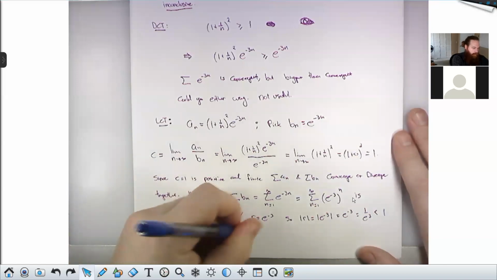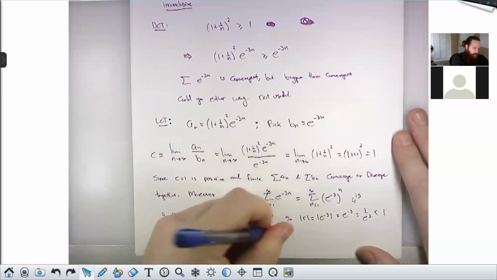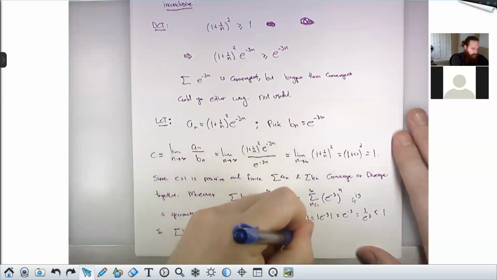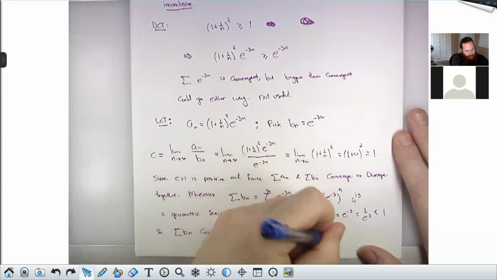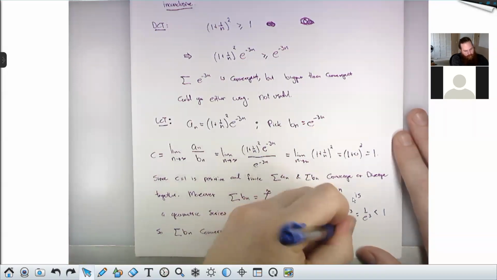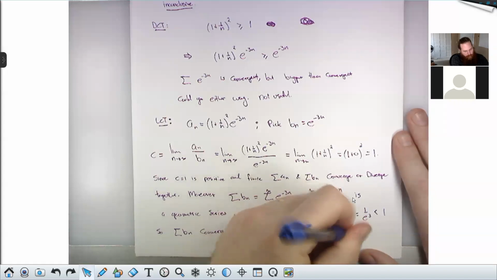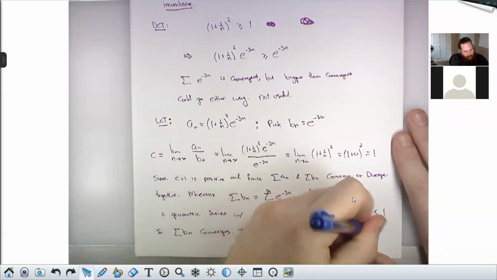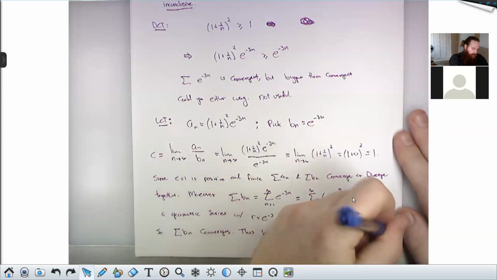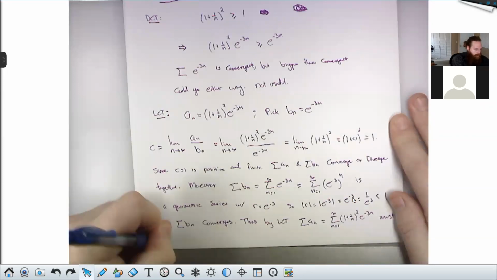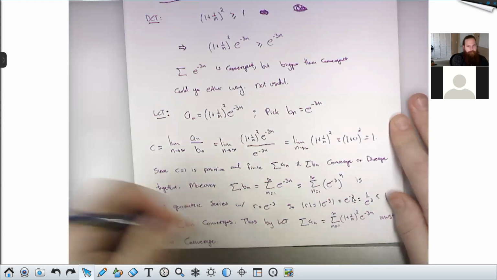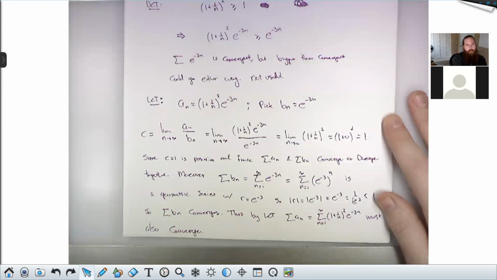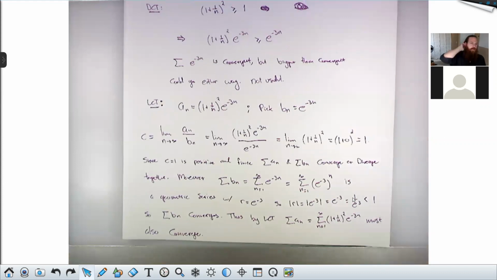Thus, by LCT, sigma an, which is our series, the sum from n equals 1 to infinity of (1 plus 1 over n) squared e to the negative 3n, must also converge. All right, so there it is. I thought DCT would work for this. It doesn't, but LCT works great here.